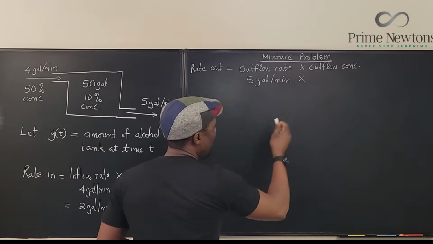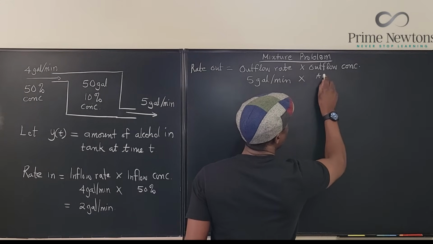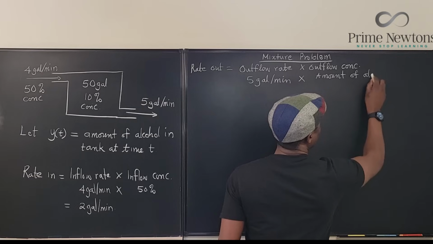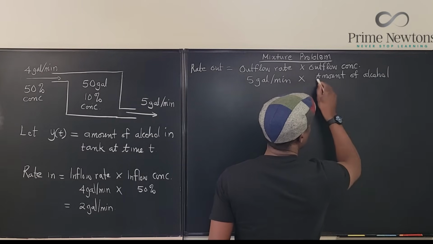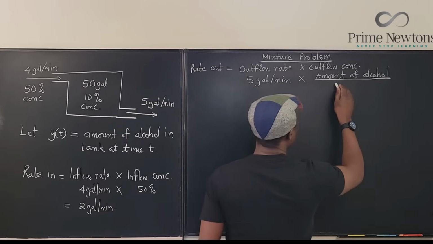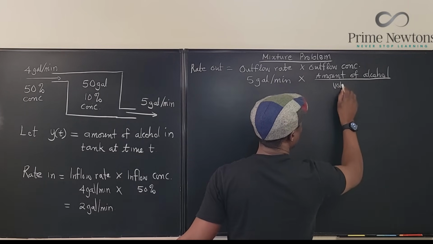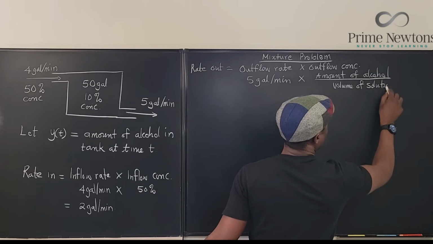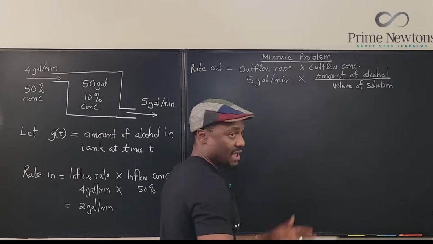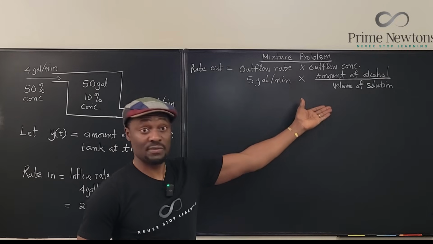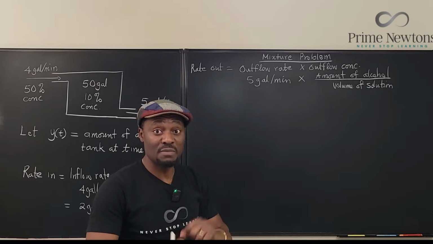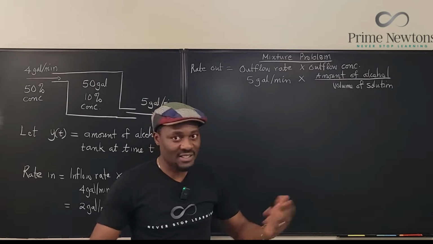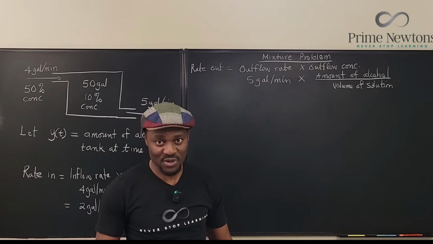So we can actually call this amount of alcohol divided by volume of solution. That is how we get whatever concentration. That's the formula for concentration. If this was salt mixture, it would be amount of salt divided by volume of solution. That's how you do all concentrations, okay?